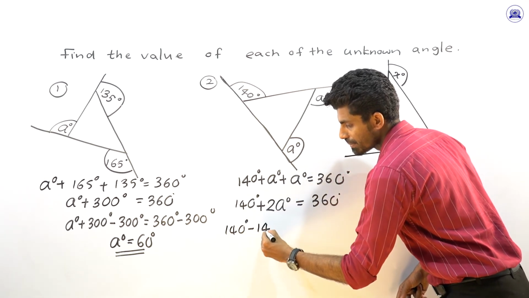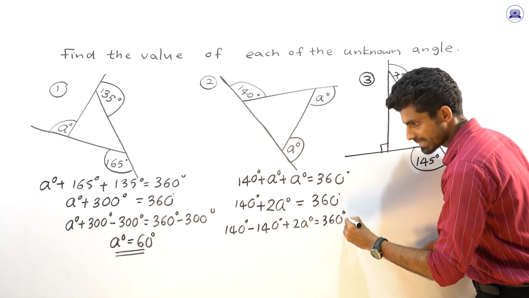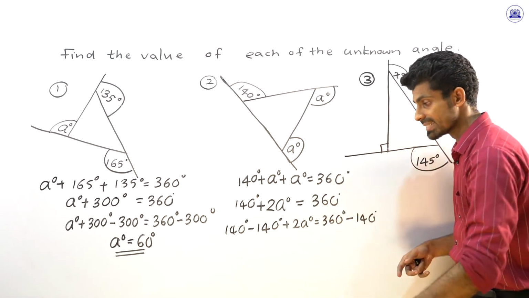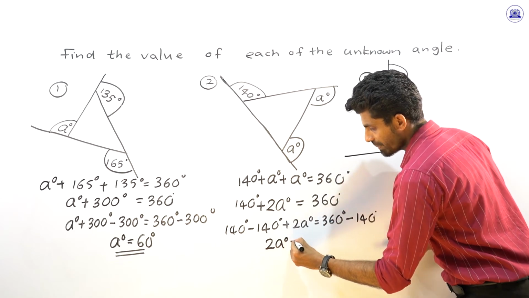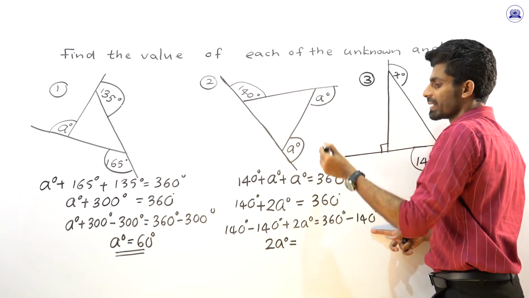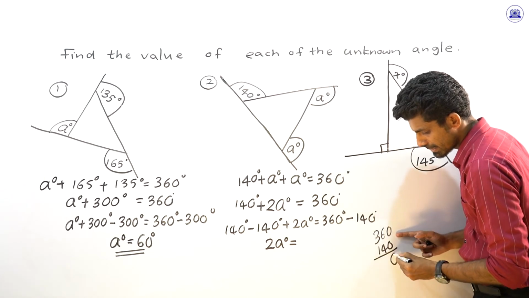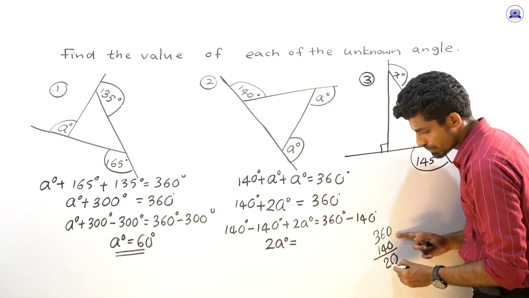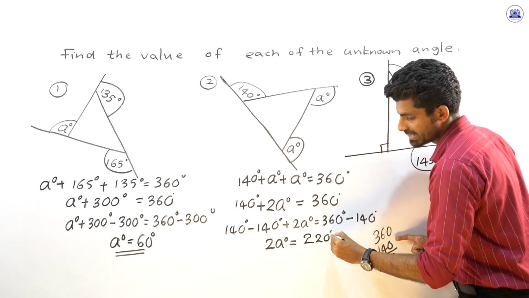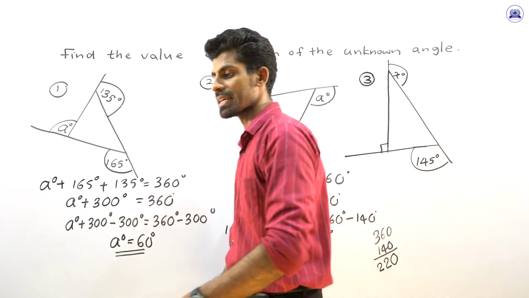To remove it, add minus 140: 2A equals 360 minus 140, and the 140 is cancelled out. 360 minus 140 is 220 degrees. So you need to divide both sides by 2.